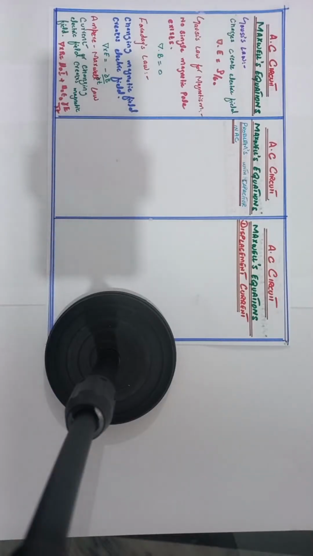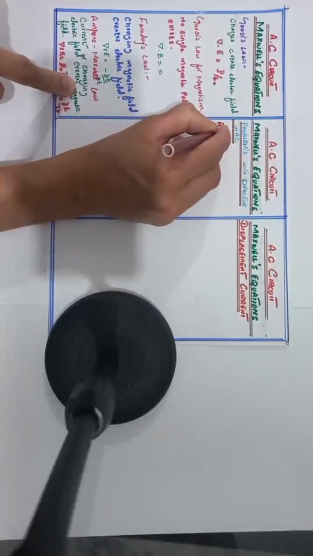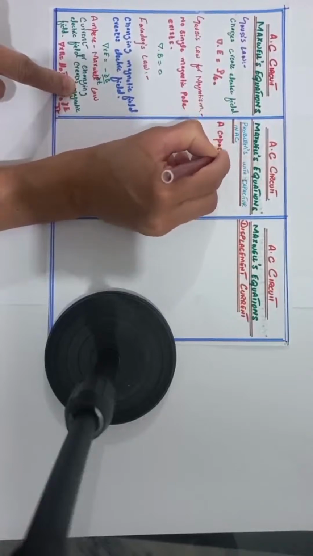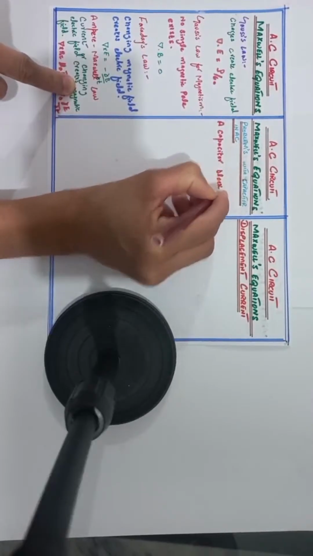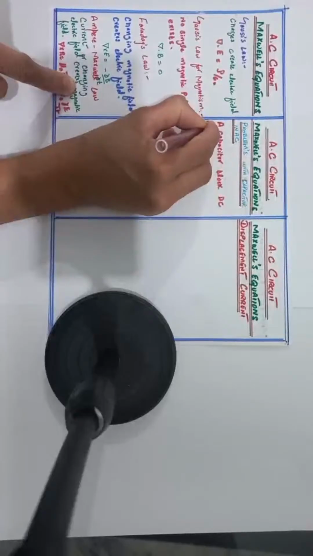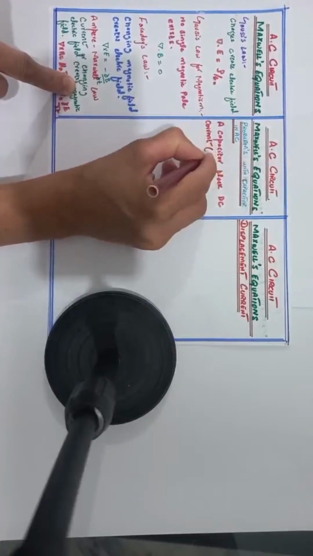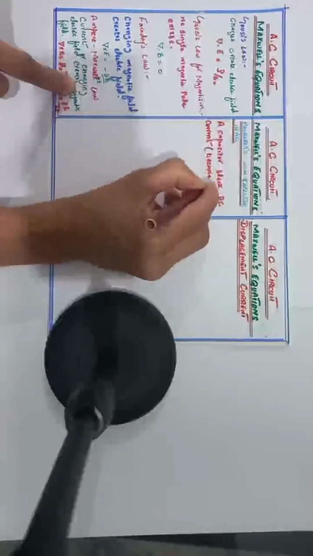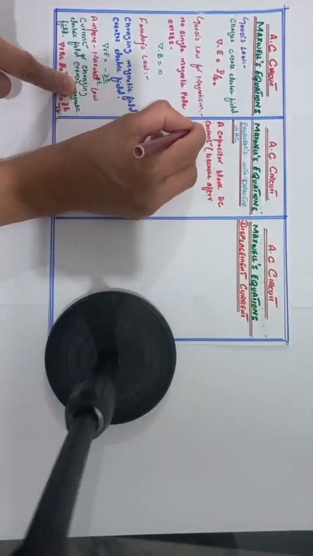So here we write that the capacitor blocks DC current because after charging, no electron moves across the gap.